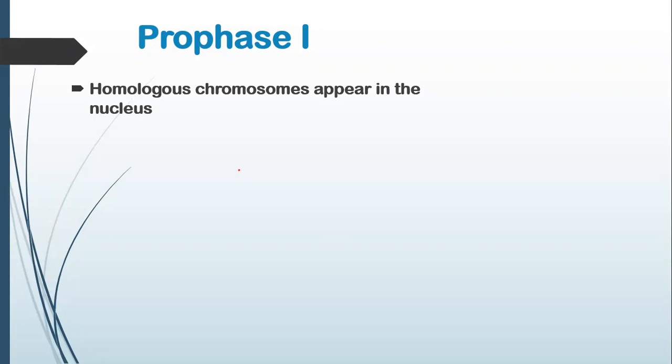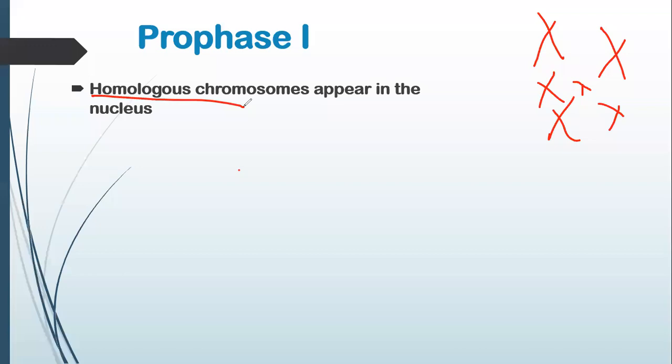Like any other prophase, that's when chromosomes will appear. But unlike the prophase of mitosis, where the chromosomes are just scattered within, here the chromosomes will be seen in pairs, okay?